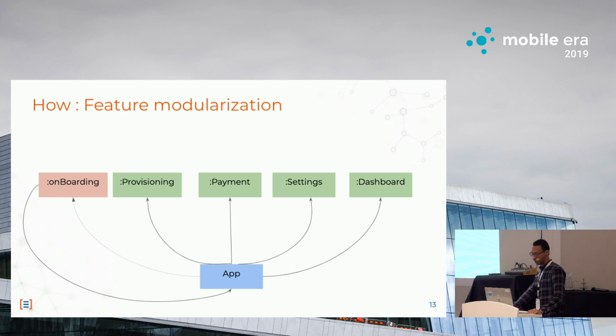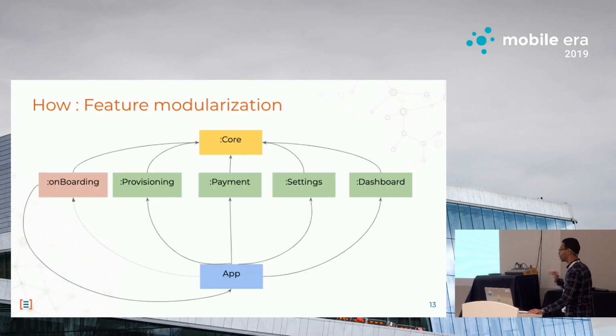And we can also have a core library which all the features depend on. That's the core library. It will be the common business logic for all libraries, and also for the dynamic module.